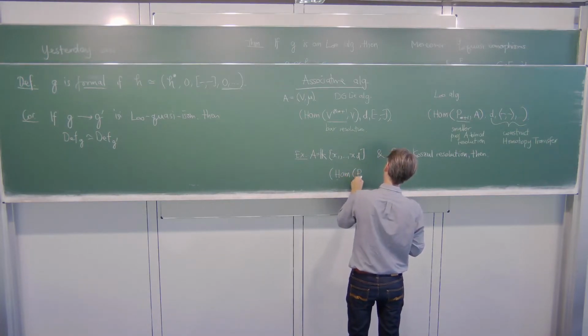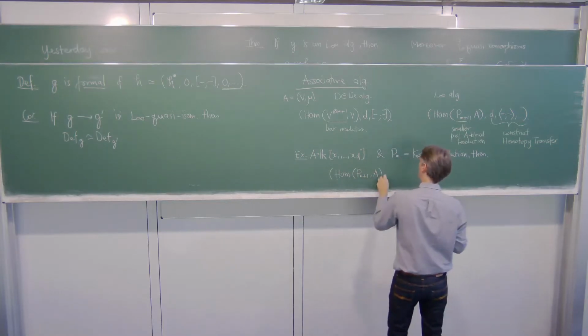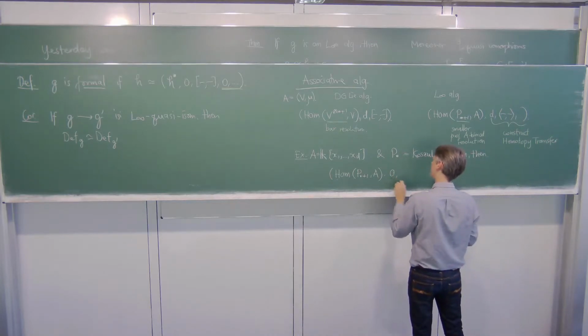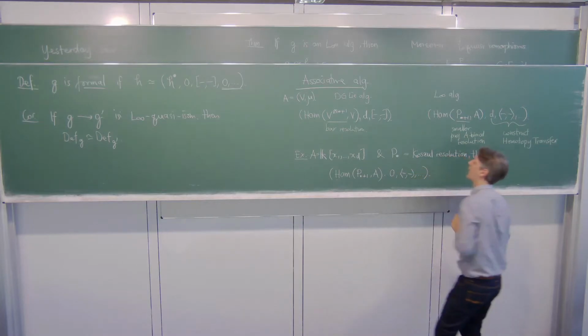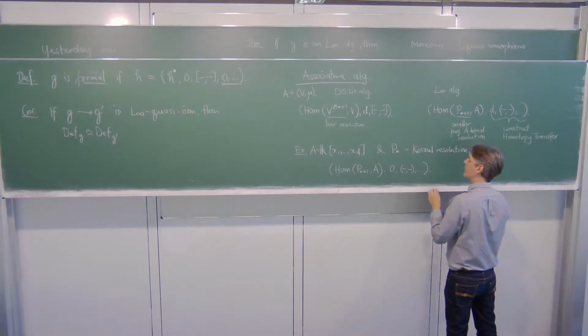It turns out that the differential is actually 0, but you get infinitely many higher brackets through homotopy transfer.